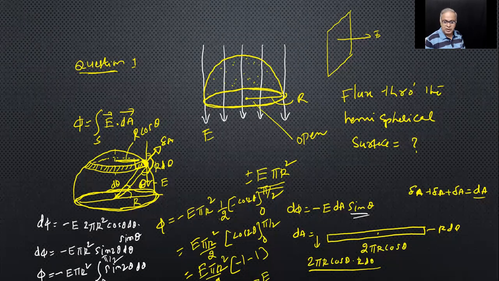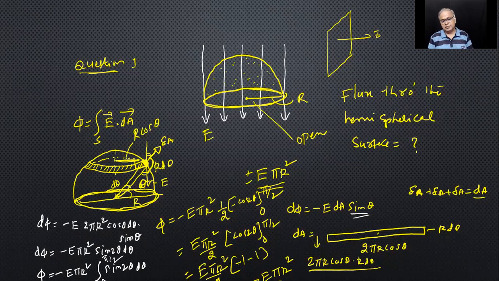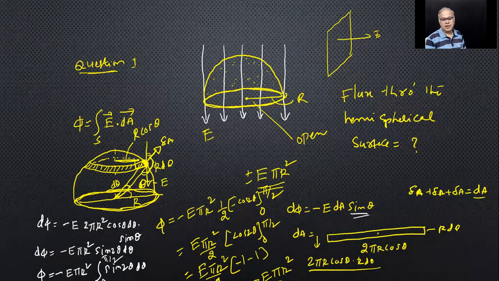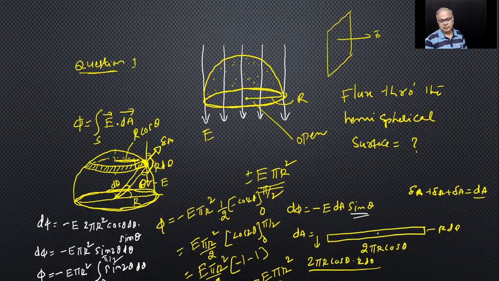Minus E into pi r square. We got minus because I took the area upwards. If I took the area downwards, I would have got plus only. For a closed surface, that's not a big deal. No, sorry, for an open surface, you can take either this way or that way.